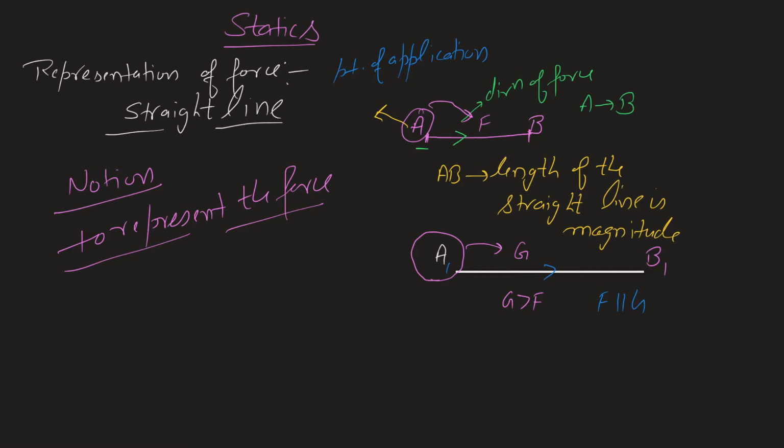So this is the representation of force, and if we want to represent it in the vector notation, we can say AB with a vector over it, representing the force from A to B, and this vector denotes the direction from A to B. So we can write it as a force, and in the subscript we write AB, meaning force F from A to B. And similarly, we write G from A1 to B1, so here is the vector.